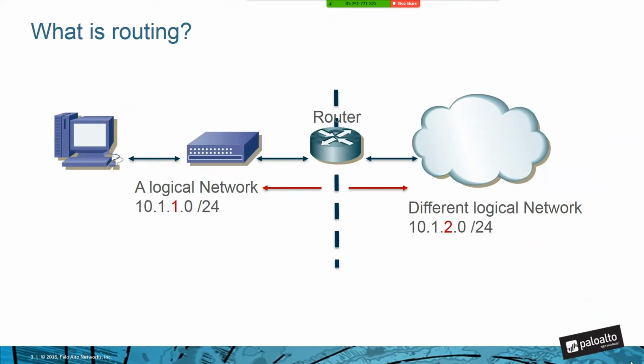The very first thing we would like to define is the concept of routing. By now, you should have gone through the Layer 2 tutorial or the switching tutorial. Routing, or Layer 3 communication, is based on logical IP addresses.